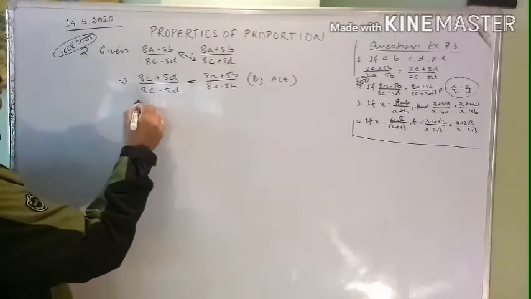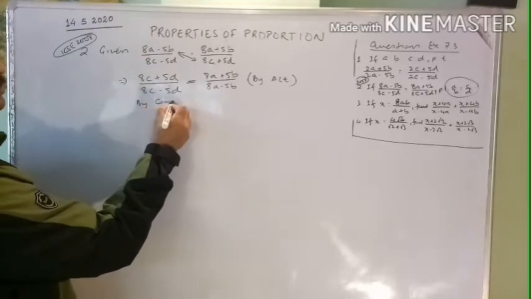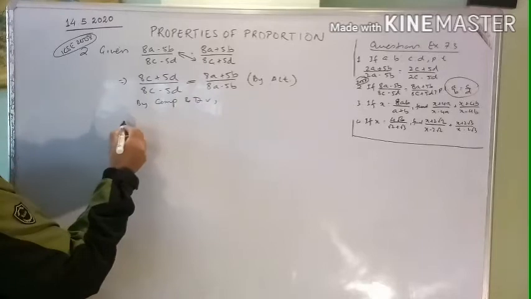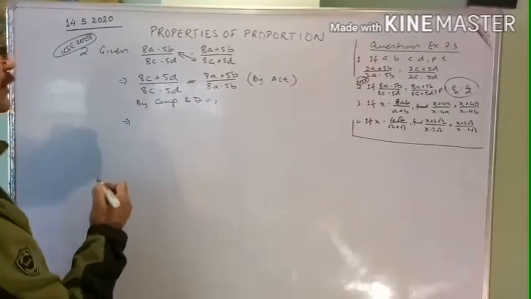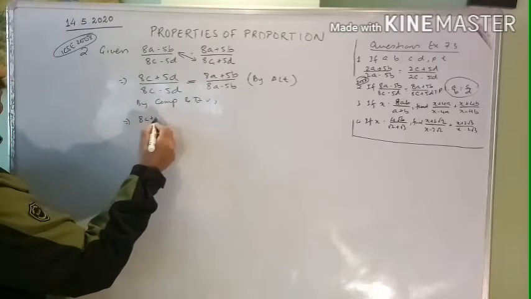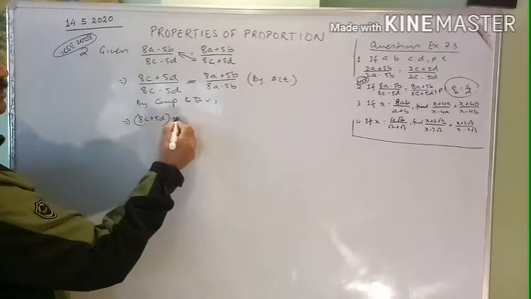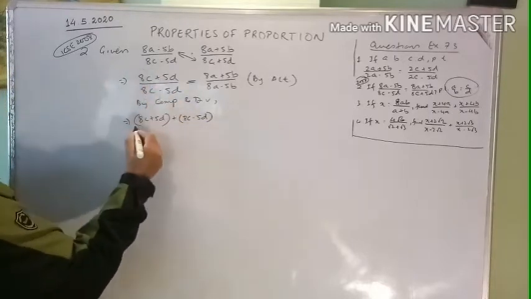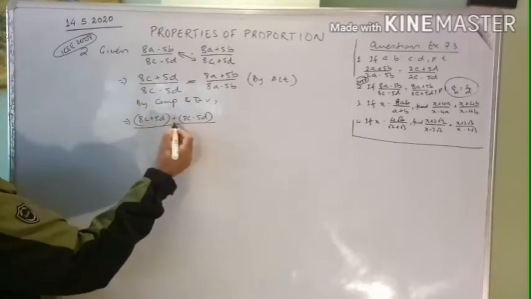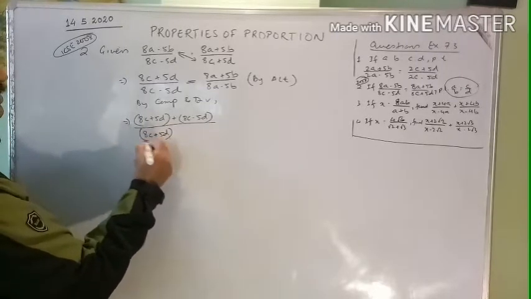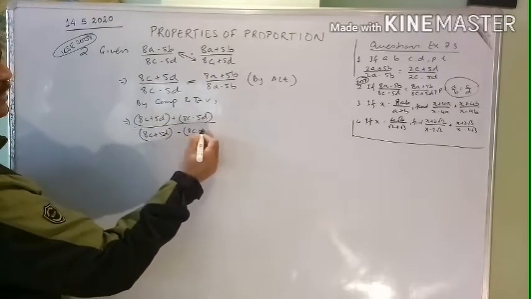So now use componendo and dividendo. So what we get? See, numerator we add. So 8C plus 5D, if there are two terms, write bracket, plus 8C minus 5D. So what we did, we added in the numerator. So denominator terms will be same, only this plus will be minus. Remember, 8C plus 5D minus 8C minus 5D.